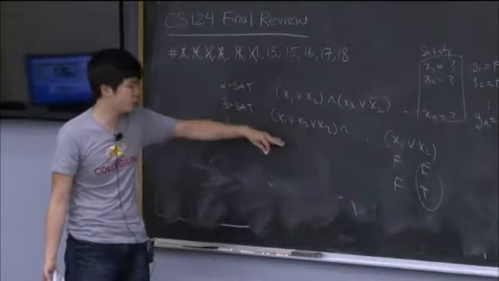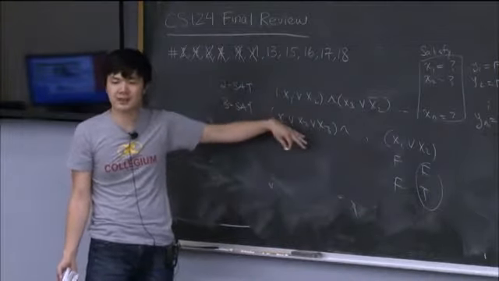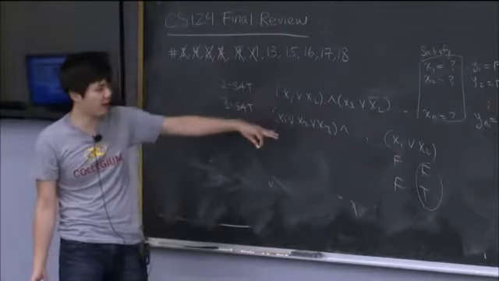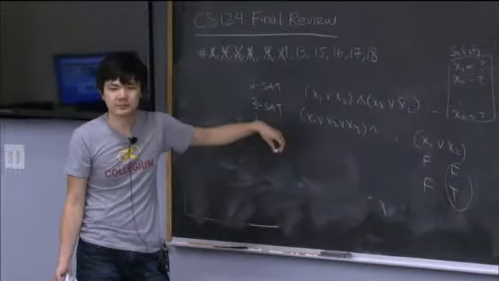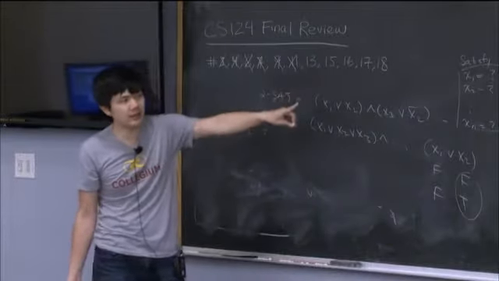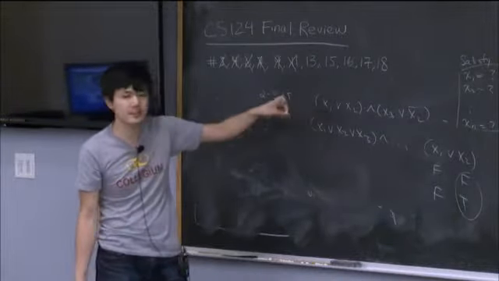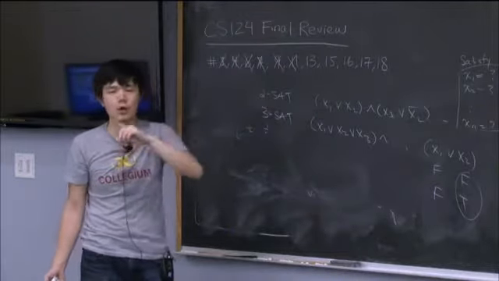I first showed you why this doesn't work for 3-SAT, right? Because in 2-SAT, we said that the expected number of moves until we get to a satisfying answer is O of n squared, right?